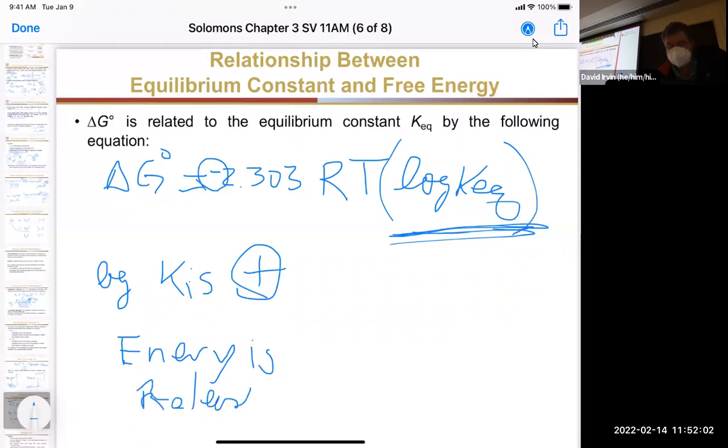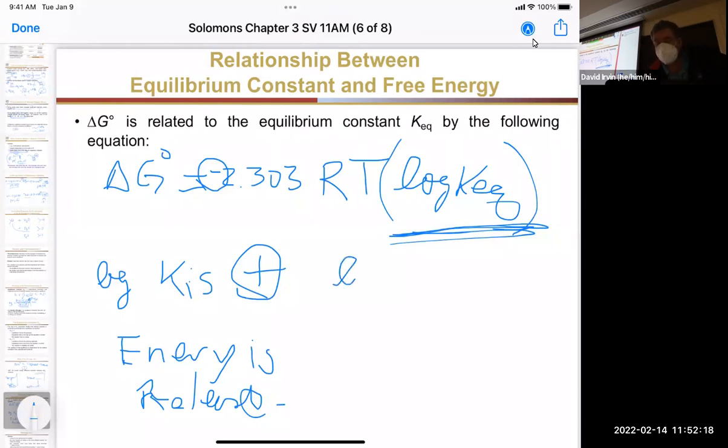And if energy is released, the equilibrium will favor products. You're giving away energy to make something more stable.